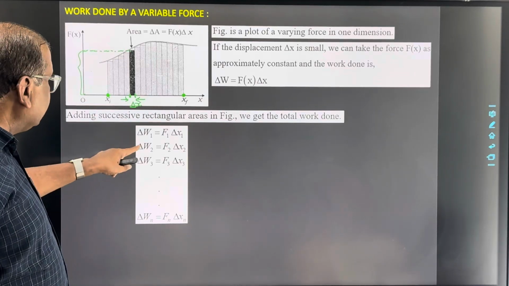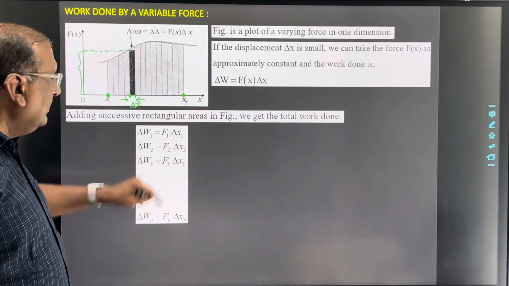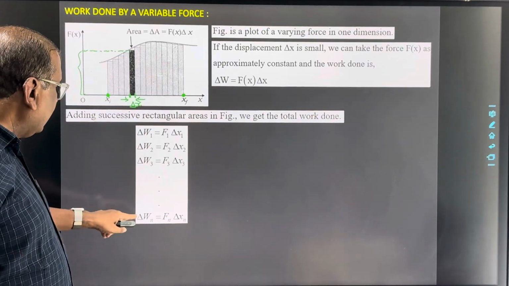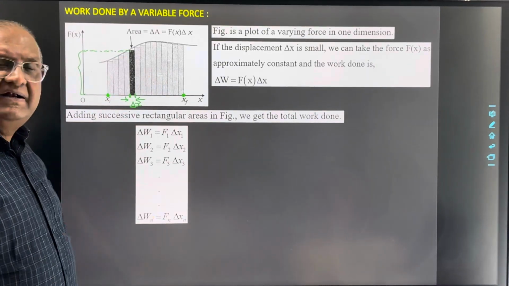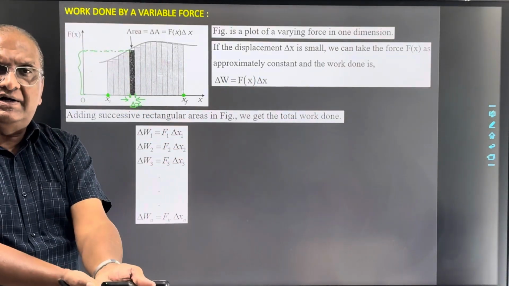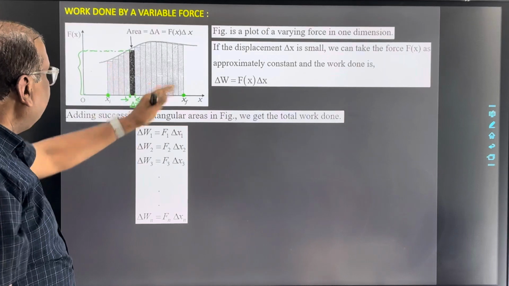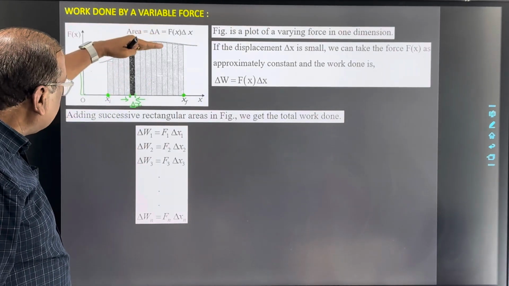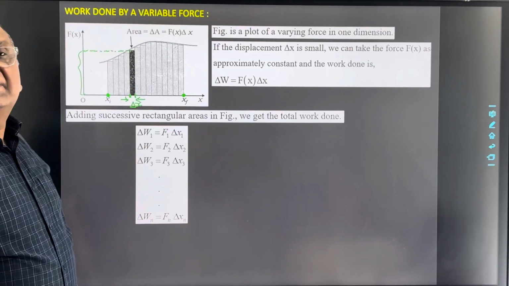Then for the second one delta W2, that is F2 delta x2, up to the nth part, delta Wn, that is Fn delta xn. Then if we take the summation of all these work done, we will get the total work done, and actually the total work done will be the total area under the graph.